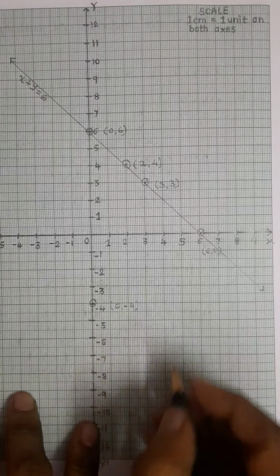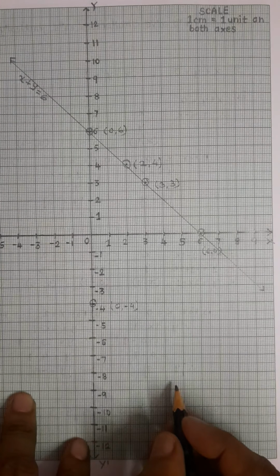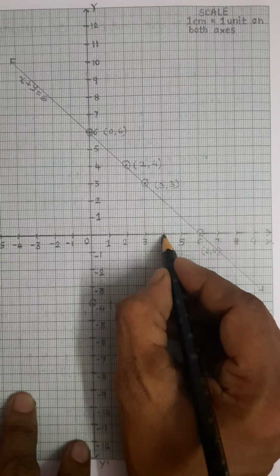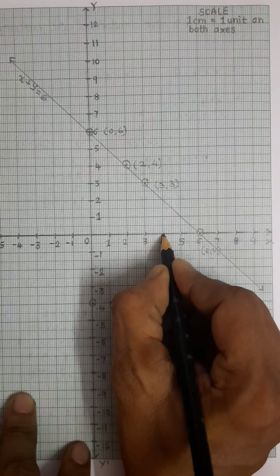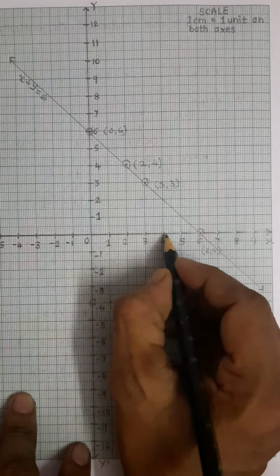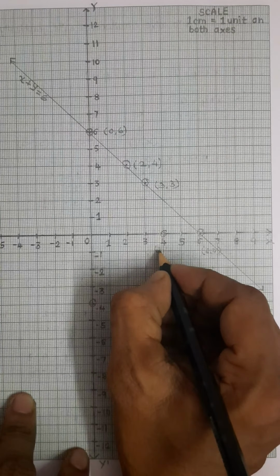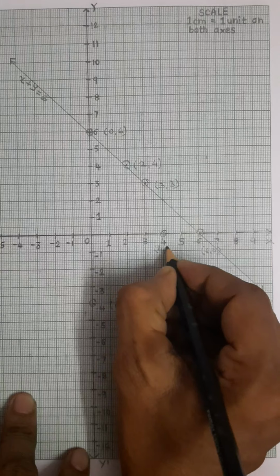Now we have to see the second point, that is 4 and 0. That means on the x-axis, see this 4 and this 0. Therefore we get this point, it is 4 and 0.